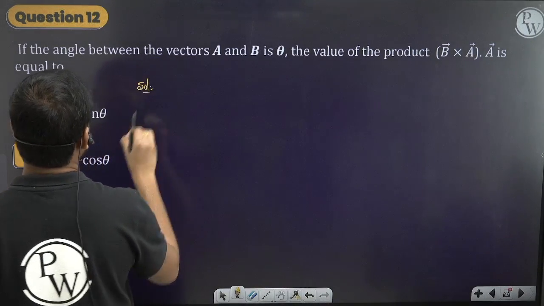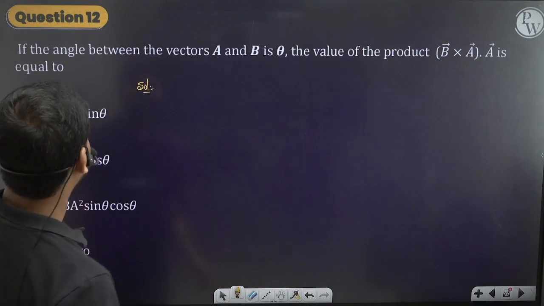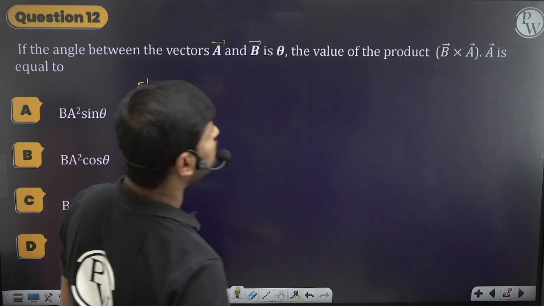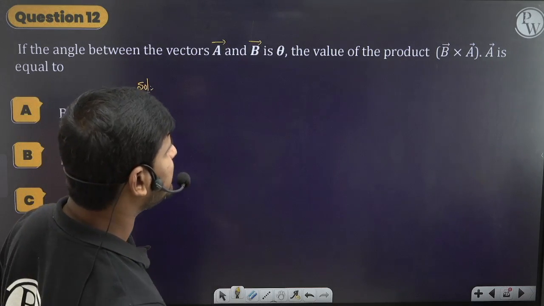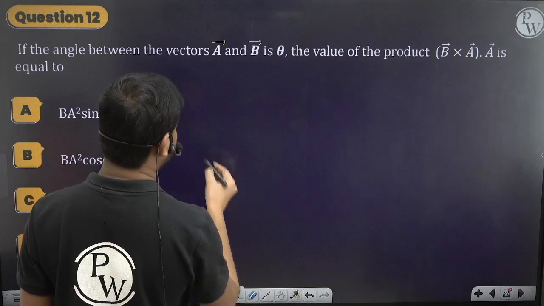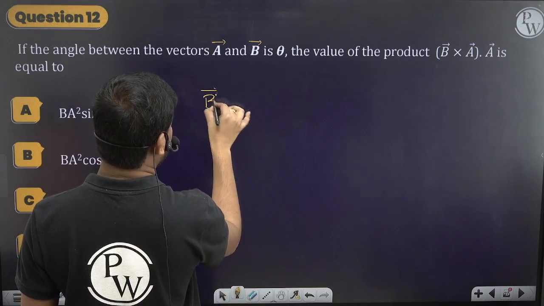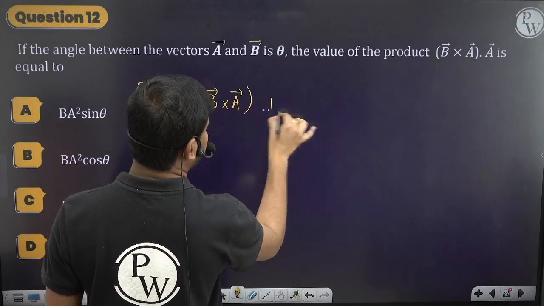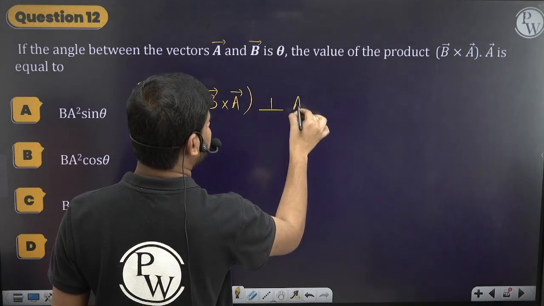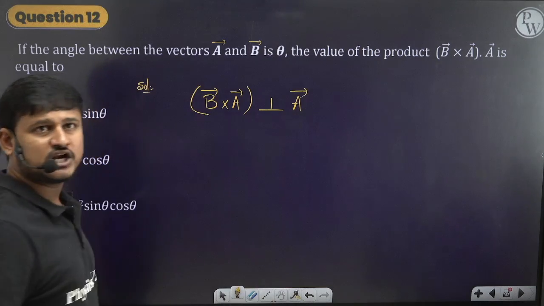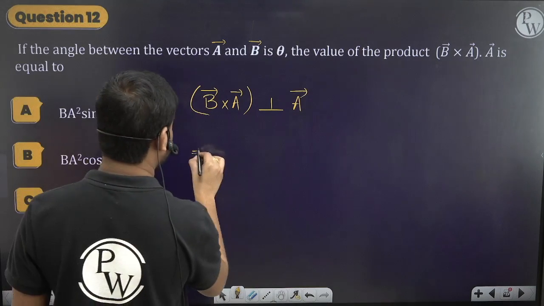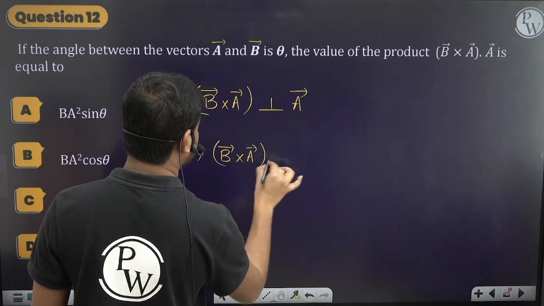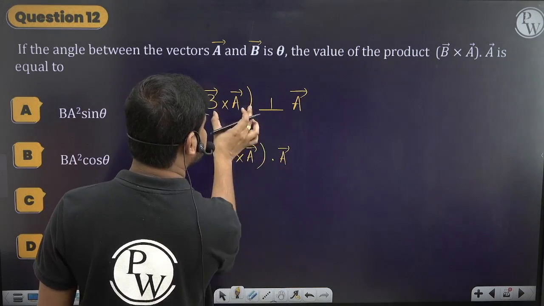What does the question say? If the angle between the vectors A and B is theta, what is the value of the product B cross A dot A? Just now we discussed that the resultant of B cross A will be perpendicular to the individual vectors. It will be perpendicular to A and it will be perpendicular to B as well. So in B cross A dot A, these two vectors are perpendicular.